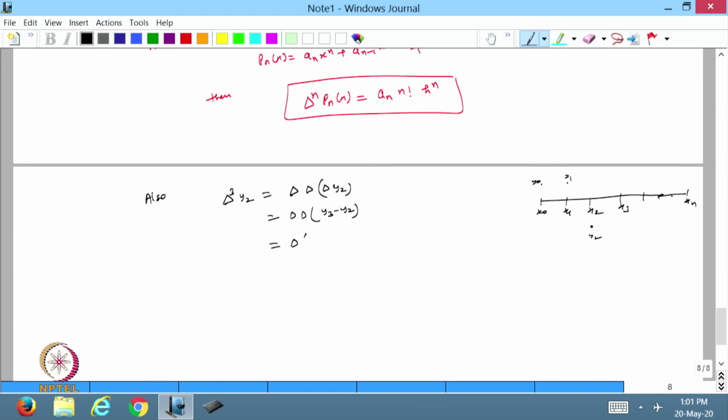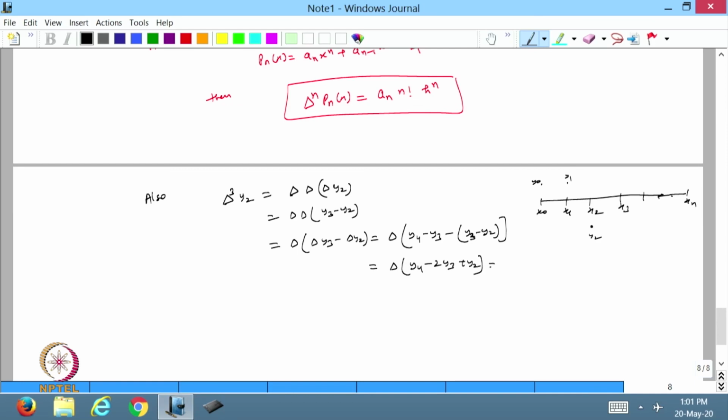Now, again I apply the forward operator. So, it will be forward y3 minus forward y2. So, this will be y4 minus y3, minus y3 minus y2, and this can be written as y4 minus 2 times y3 plus y2.